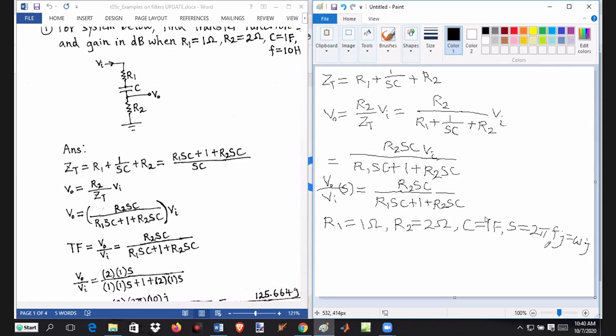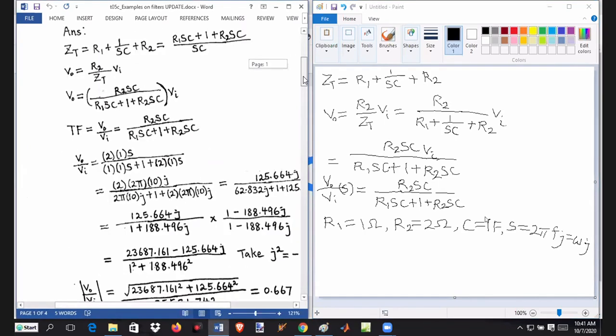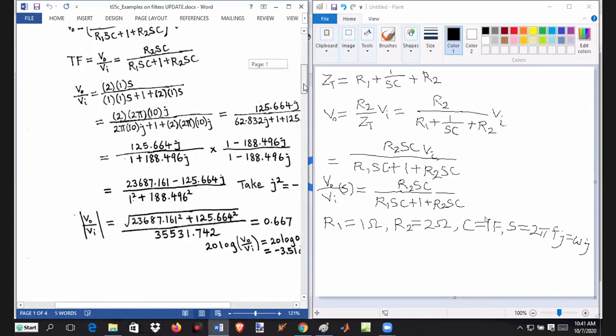So you substitute all these values. I won't do it because the calculation is too long. You can substitute at home. After you substitute, you look at the left hand screen there.